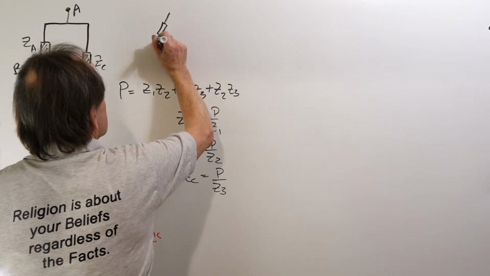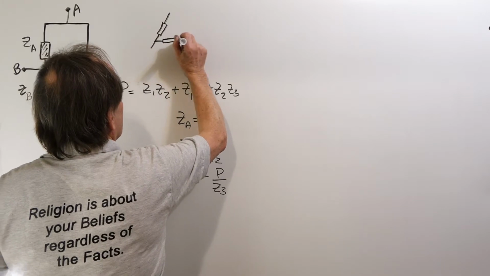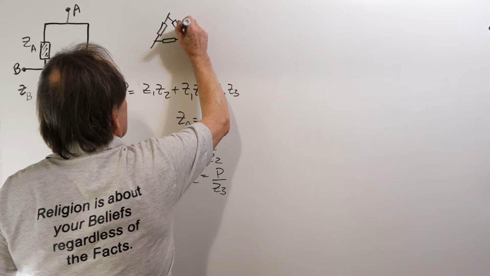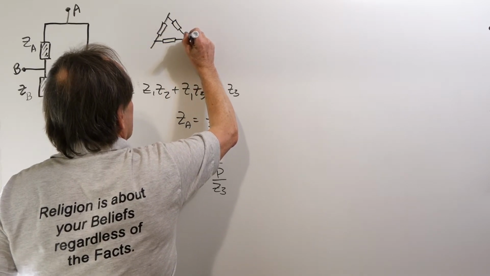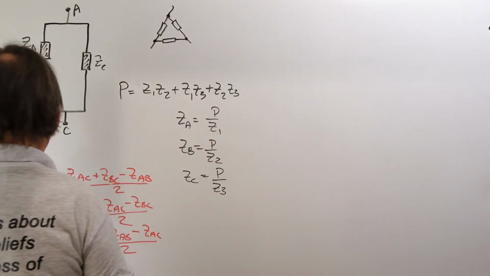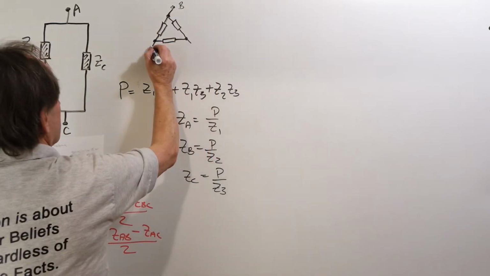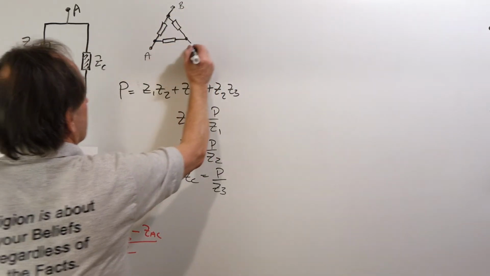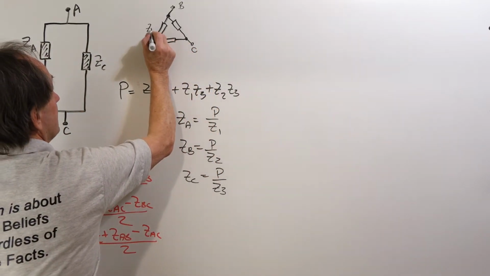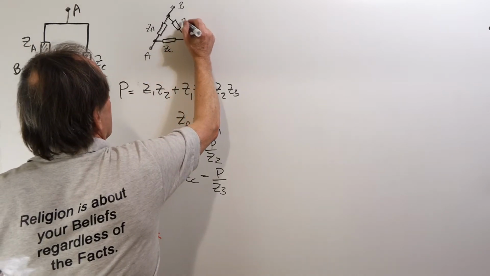We have three resistors tied together in a delta ring network. We'll call this node B. This is node A, this is node C, this is ZA, this is ZC, and this is ZB.